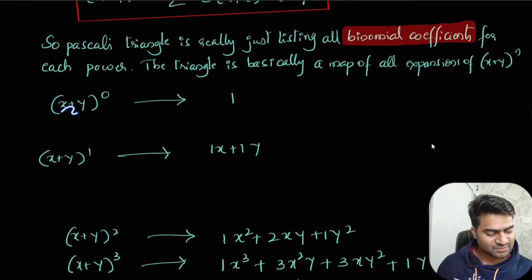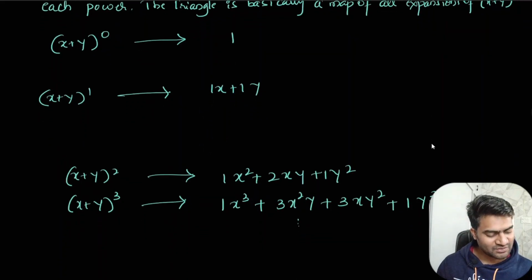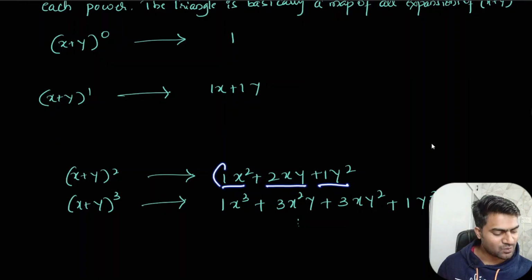Now if you see x plus y to the power 0, it is simply 1. So this was our first value. X plus y to the power 1 is 1x plus 1y, correct, right? So 1, 1. This is the second row in our Pascal triangle. Now, x plus y to the power 2 is 1x square plus 2xy plus 1y square, correct, right? 1, 2, 1. You can correlate this with the Pascal triangle.